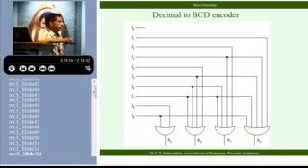Similarly, this is formed by combining 2, 3, 6 and 7 and so on. Whatever the table you put earlier, this tallies with that. So you give any one of the 10 decimal digits as input, and you get the corresponding BCD. This is a decimal to BCD converter circuit. Alright?